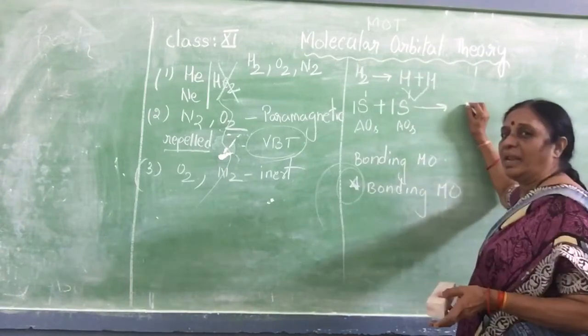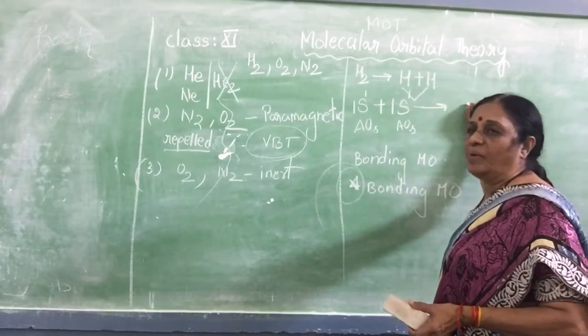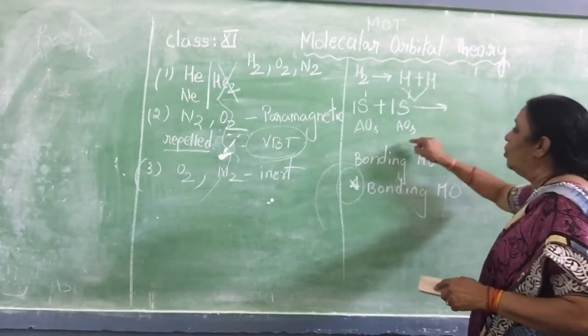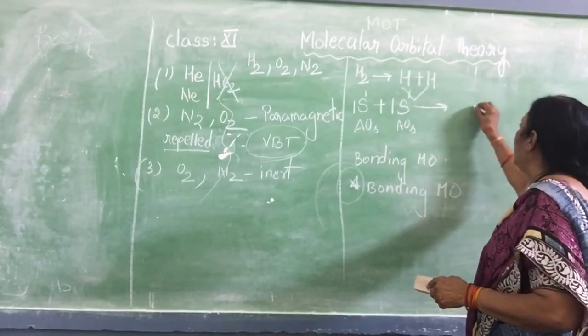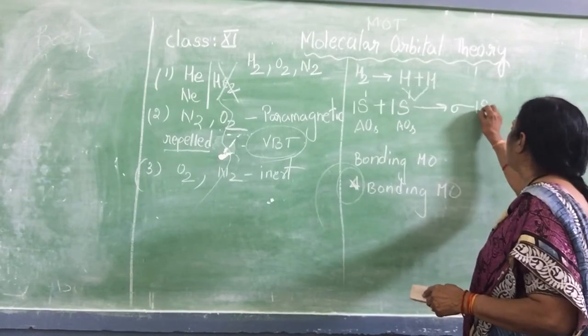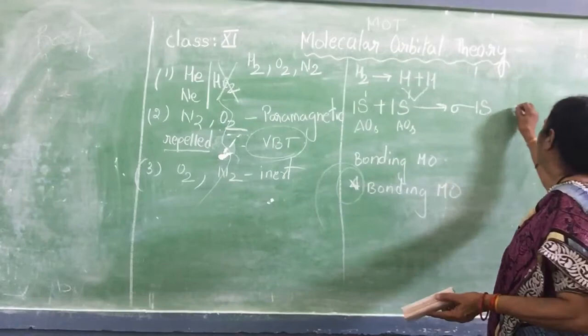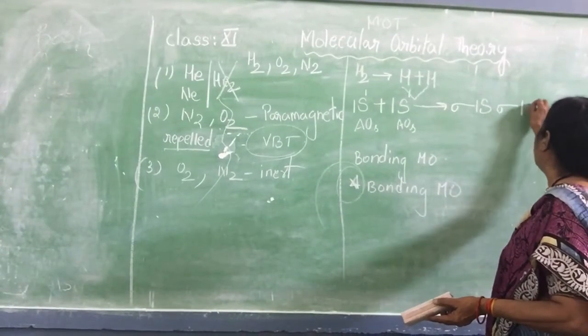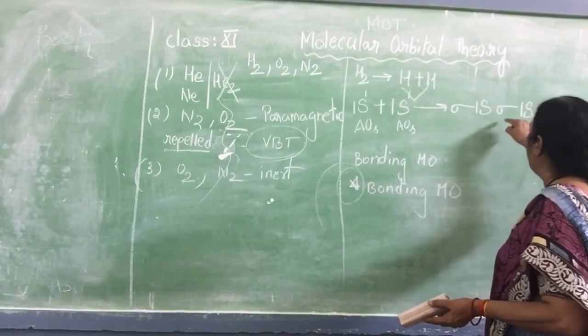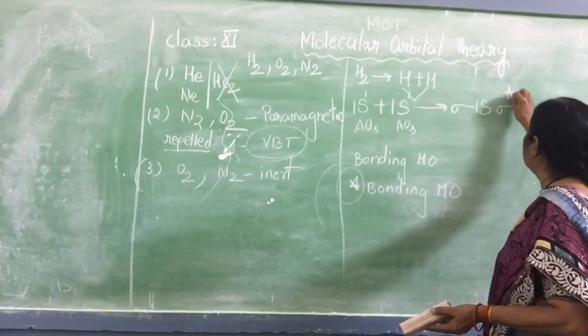Clear, children? Now, one is of one atom, one is of another atom. What kind of overlapping? Head-on overlapping. Sigma bond is formed. So the two MOs which are formed, one is called sigma 1s bonding. Simply we have to pronounce it like that. Now the second one is sigma 1s anti-bonding. To represent the anti-bonding, we have to write it in this way.